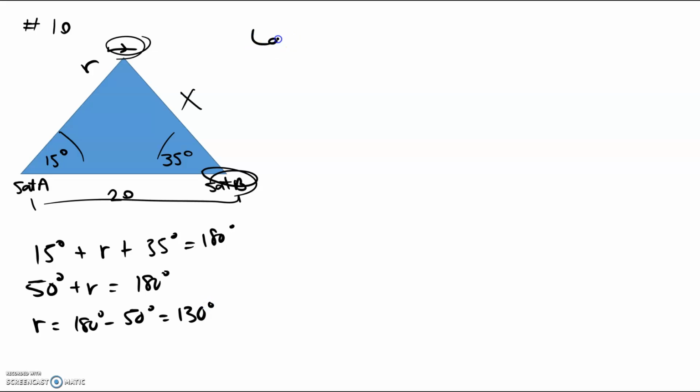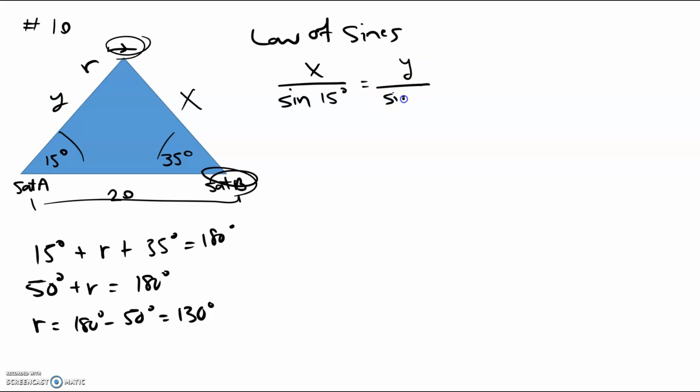We're going to use the law of sines since it's an angle side angle case. So we've got x over sine of 15. It's always opposite. And then we'll call this over here y. Y over sine of 35 is equal to 20 over sine of 130. What we're trying to do is find x.